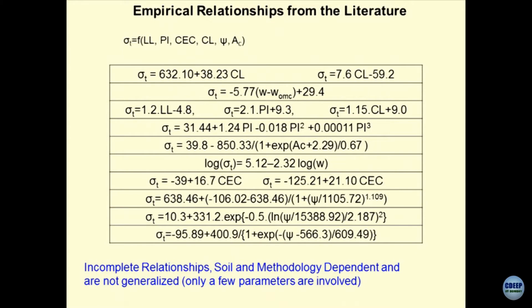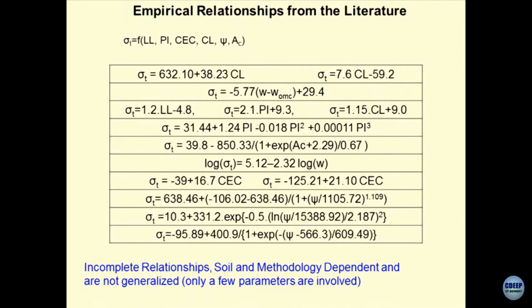Why? Because indirectly liquid limit connotes mineralogy. Tensile strength has also been related with the plasticity index. Again, the reason is simple, because PI is an indirect reflection of the mineralogy present in the soils.